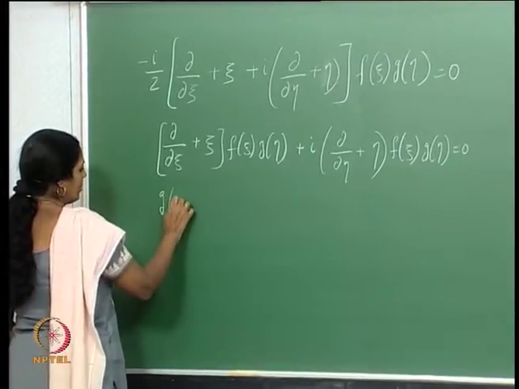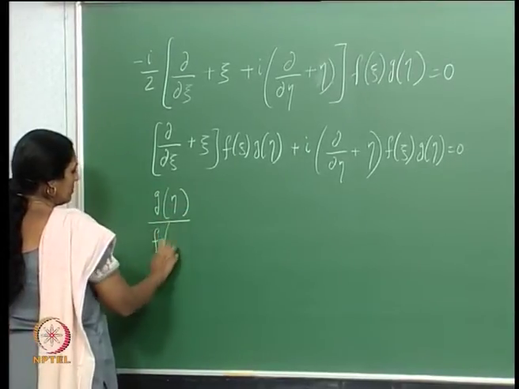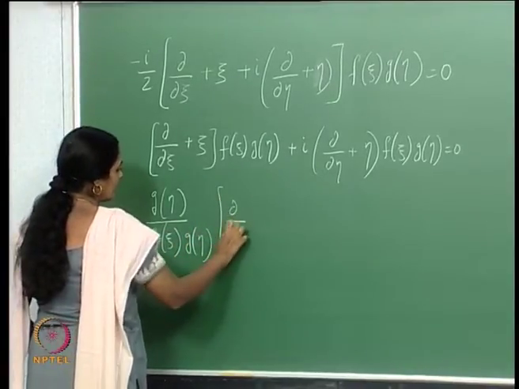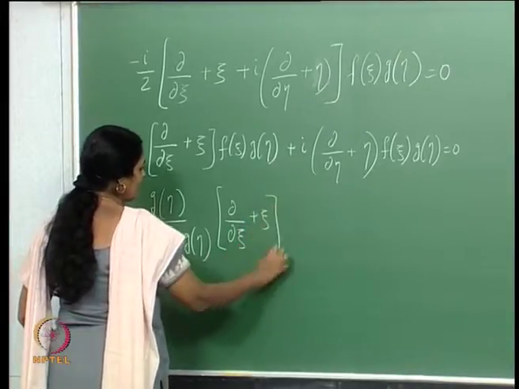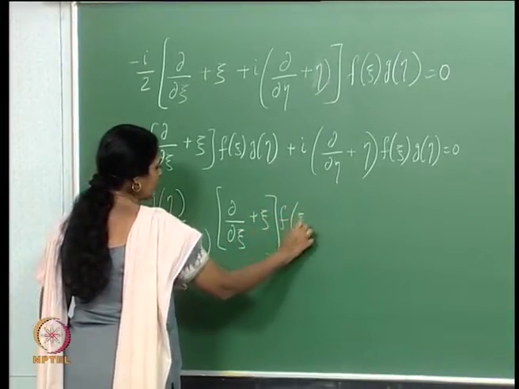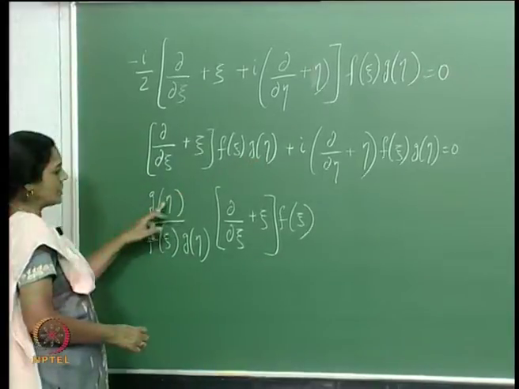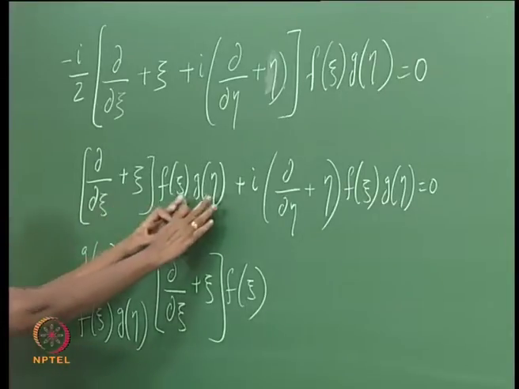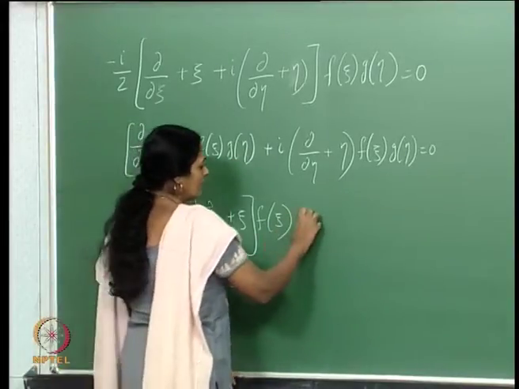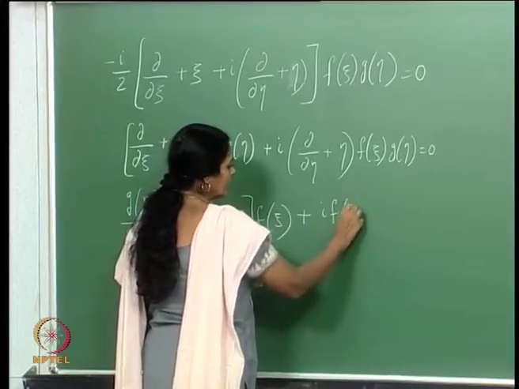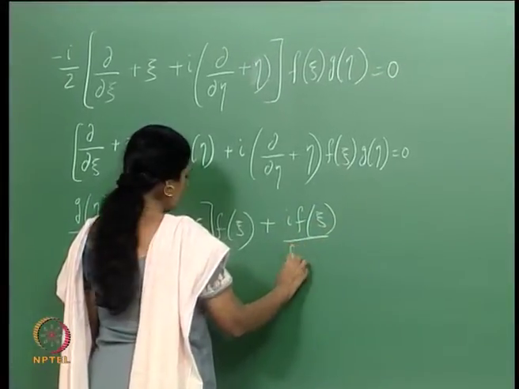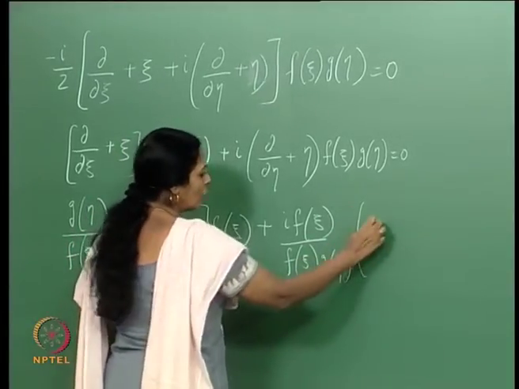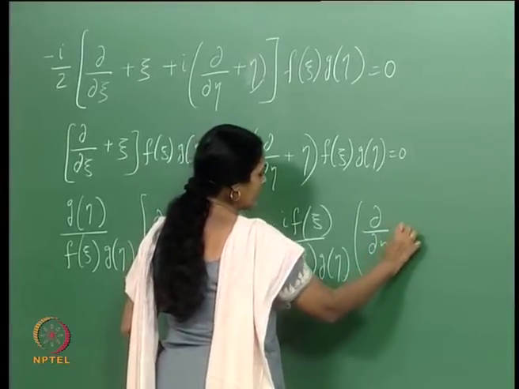So basically I have g of eta by f of zeta g of eta, ∂/∂zeta plus zeta acting on f of zeta. I have pulled the g of eta outside because this is only an operator function of zeta and cannot act on g of eta. And similarly here, I can write this in the following manner, like I always do when I separate variables.